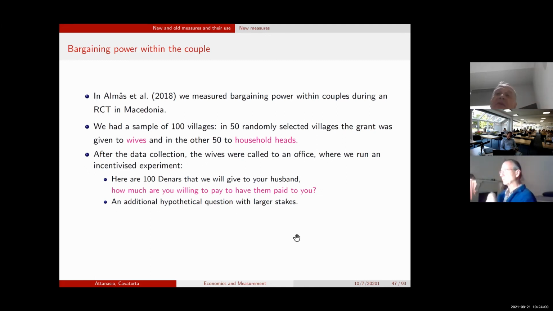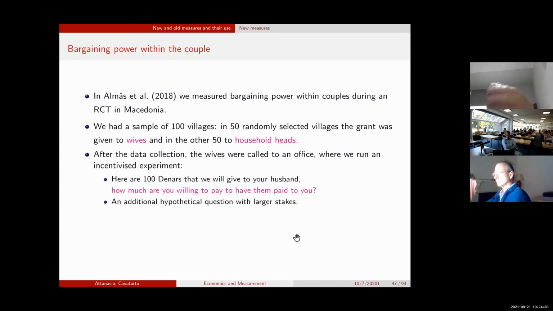Here is a summary of the discussion. We ask, how much are you willing to pay? The question is actually a bit more complicated. We give them a menu, a sequence of questions. We say, suppose that now we give 100 dinars to your husband, or 90 to you. Which one would you choose? And then suppose that she says 90 to me, and we say, well, what if it's 85 to you and 100 to your husband?